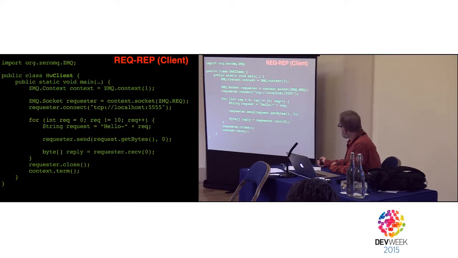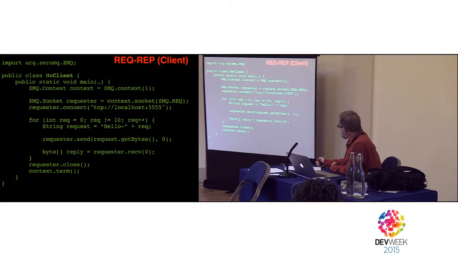In the Java implementation, you ask the context for a socket of type request. The C# implementation is a little bit nicer. So in the C# implementation, you say context.request. And you don't have to worry about the extra enum over here that defines what kind of socket. So that's a little bit cleaner, but it's basically the same thing.